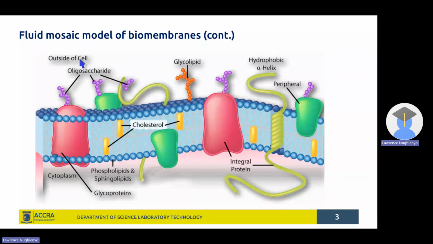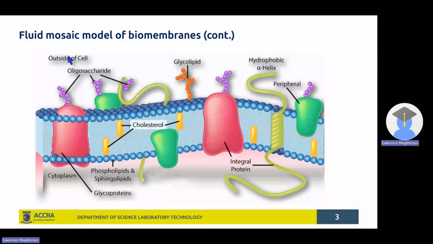So that is the extracellular space. And below this structure is the cytoplasm. This is just to depict that you have some structures inside of the cell in the cytoplasm and some structures outside of the cell in the extracellular space.